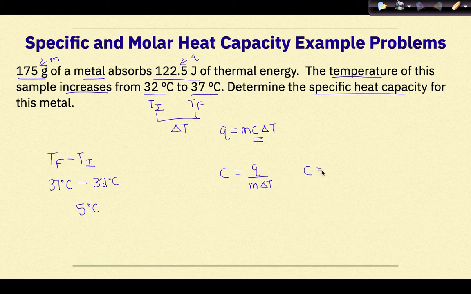So C is equal to the amount of thermal energy, 122.5 joules, divided by the mass, which is 175 grams, times that delta T, which is 5 degrees Celsius. If I work out my calculations, I should get a final answer of 0.14 joules per gram degrees Celsius.